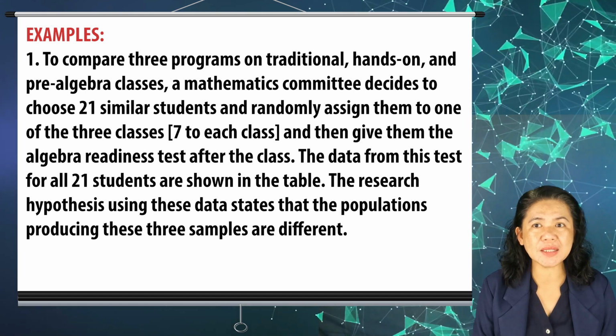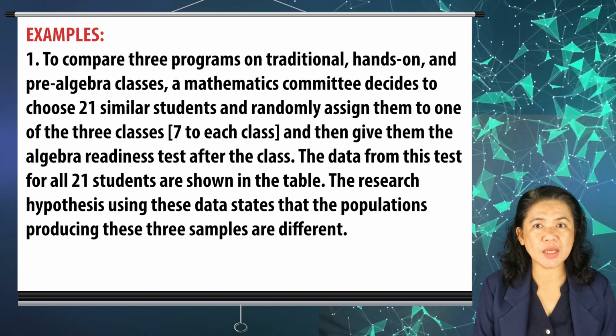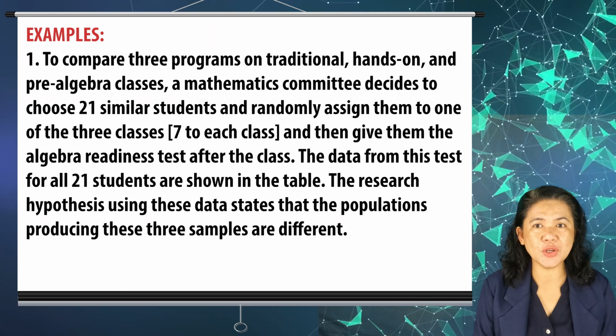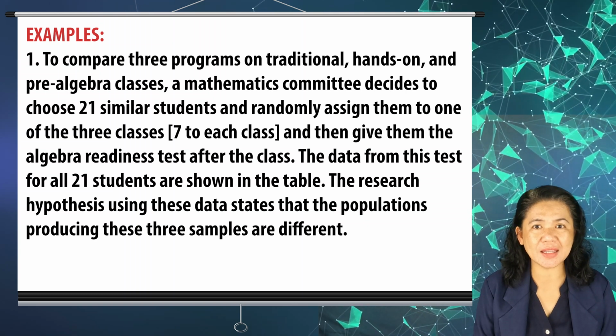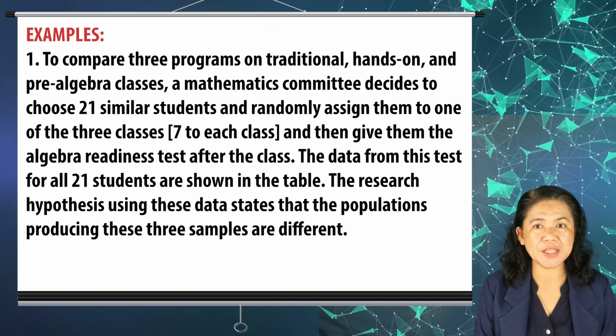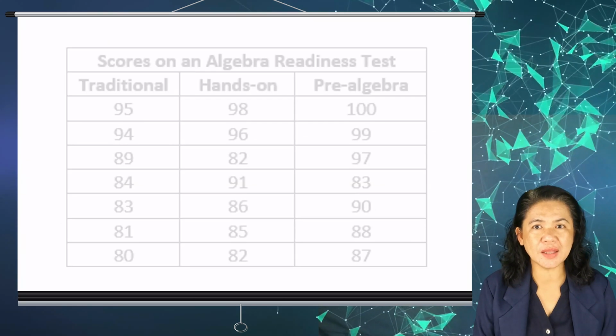The data from this test for all 21 students are shown in the table. The research hypothesis using this data states that the populations producing these three samples are different. Look at the table.